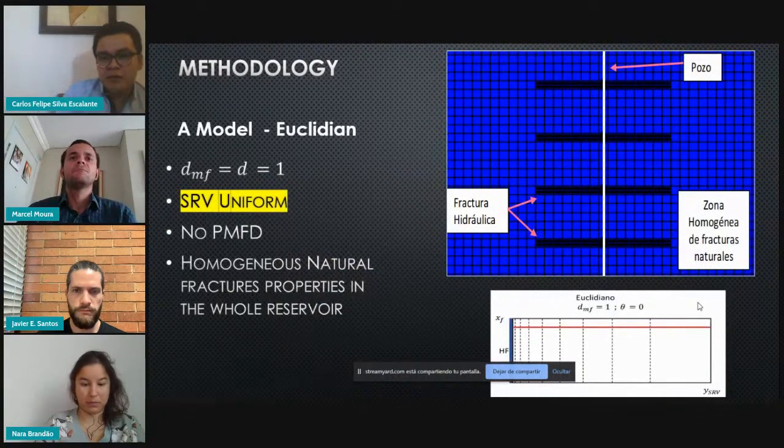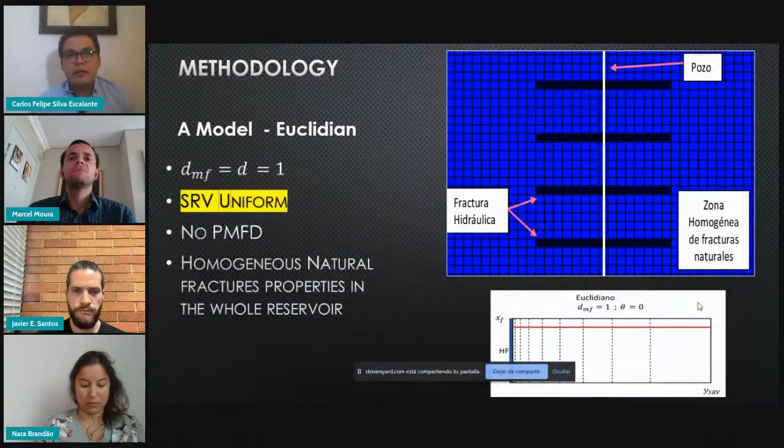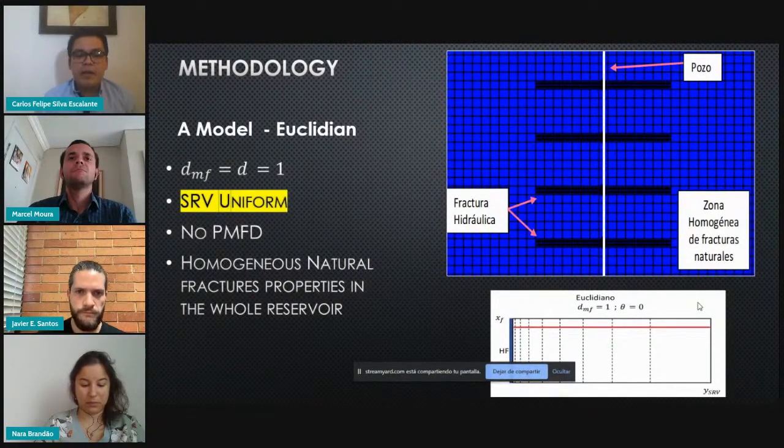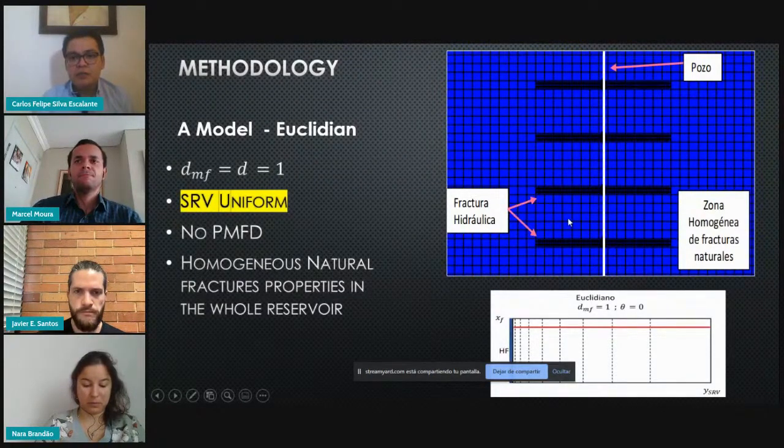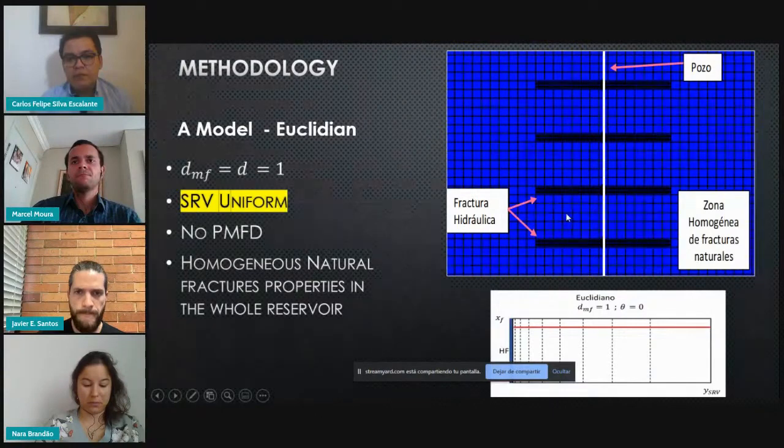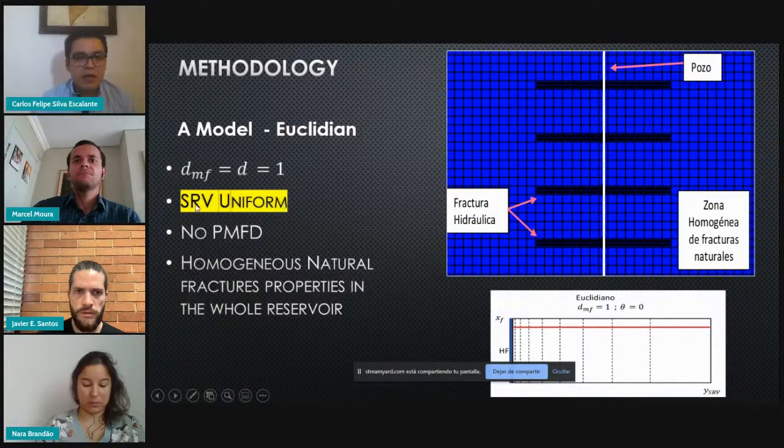The first model is the conventional one in commercial simulators, and the model is Euclidean. The fractal dimension is the same as the Euclidean, one, because we consider just one-dimensional flow between this part of the reservoir and the hydraulic fractures.